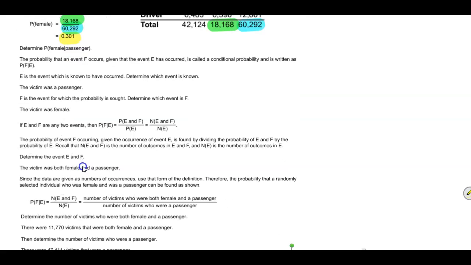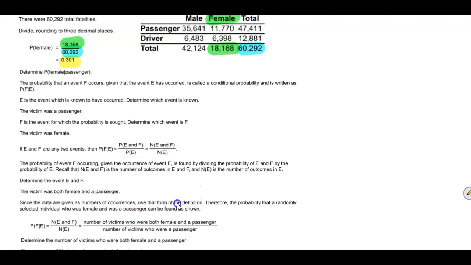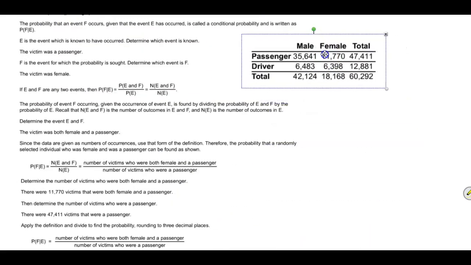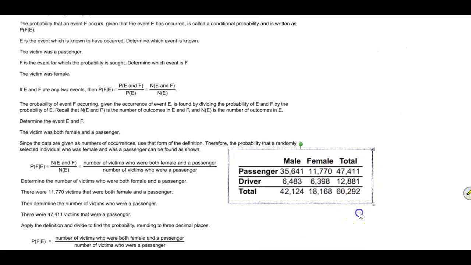So in this scenario, we need to find the number of victims who were both female and a passenger. That means we want to find the results of when they were both female and passenger. So let's take a look at our table here, where there are both female and a passenger.